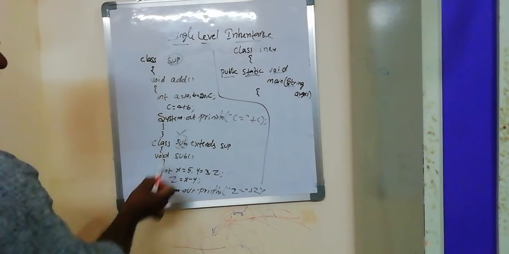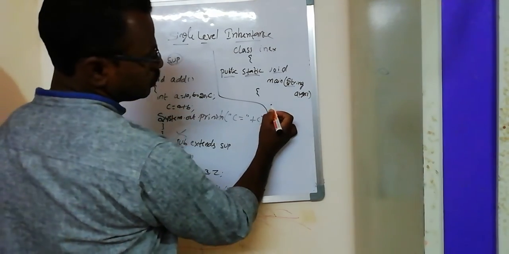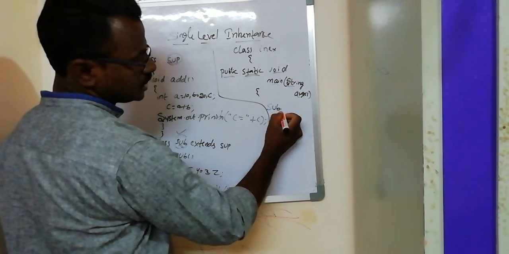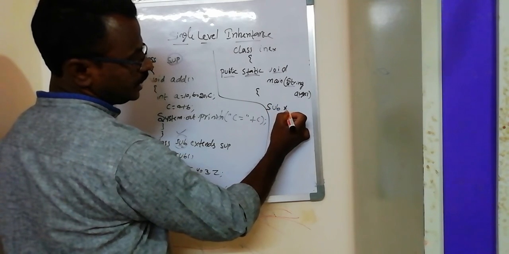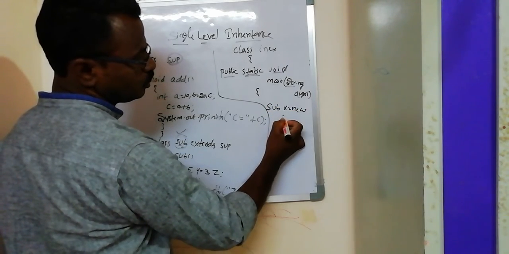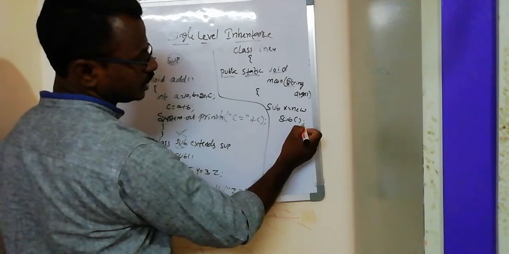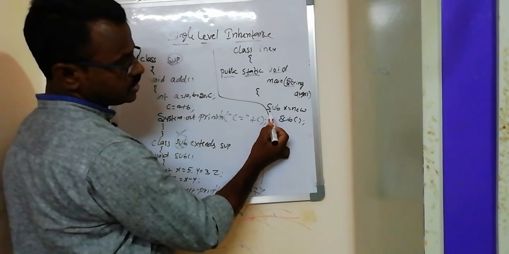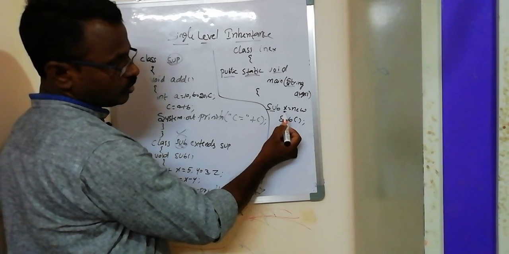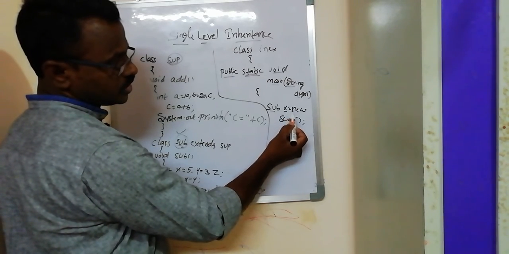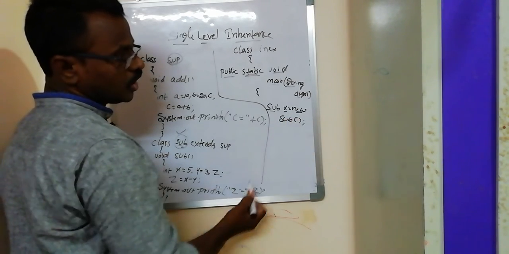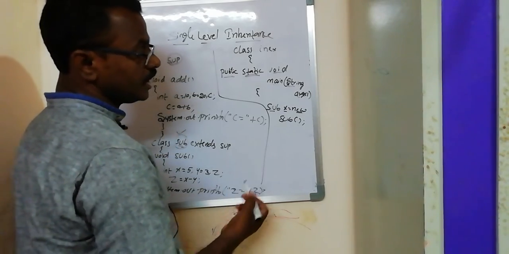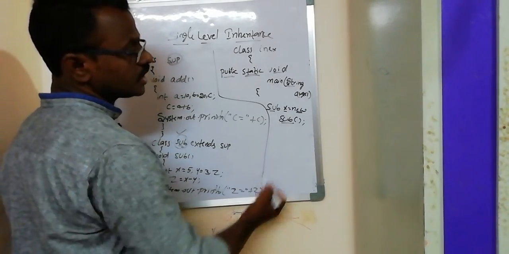Both methods are in this class. The statement is sub x is equal to new sub constructor. This is the object creation. Sub is the class name, x is the object name, new is a keyword that dynamically creates the memory, and sub is a constructor.